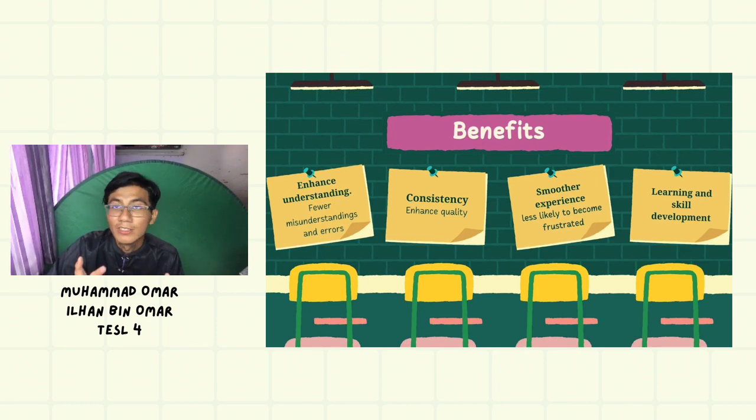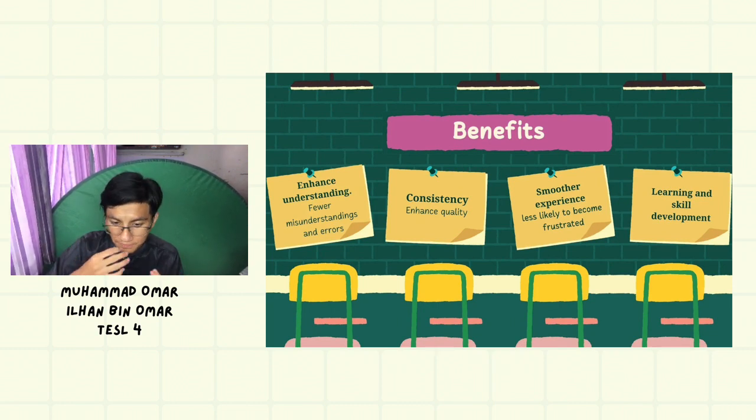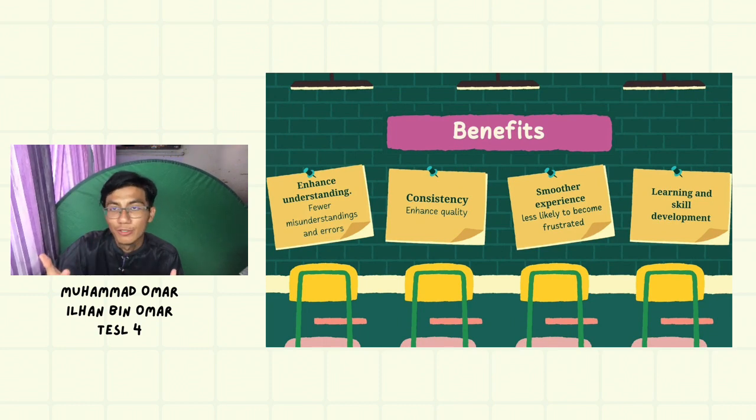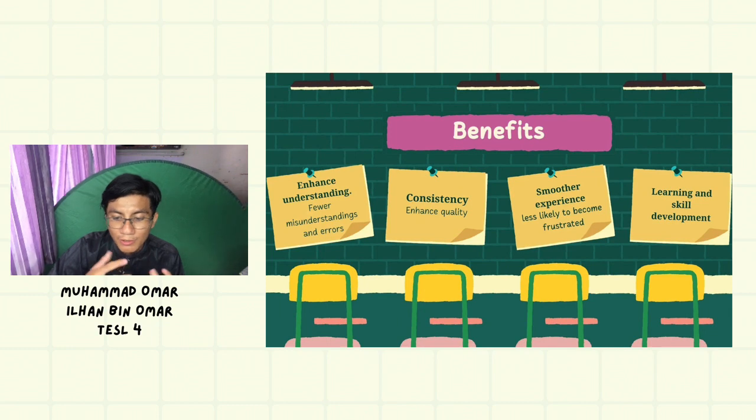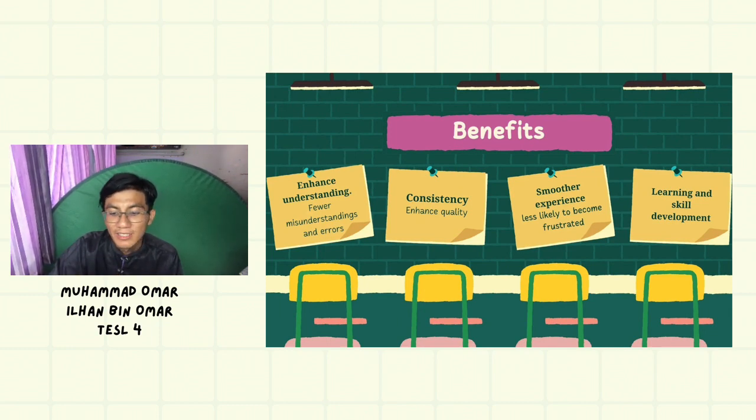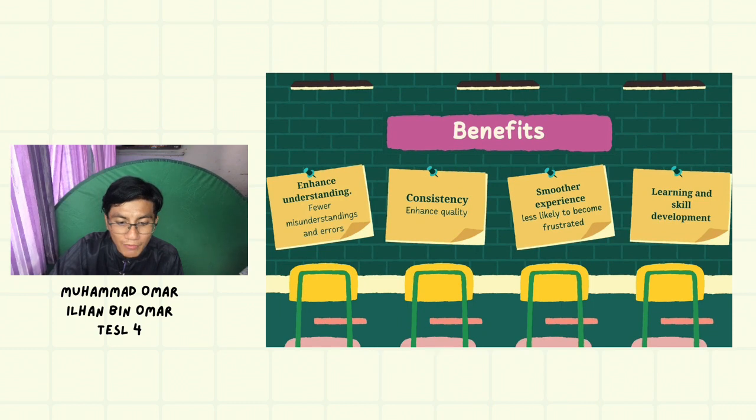When students receive clear instruction, they are less likely to become frustrated or stressed trying to decode the teacher's instruction. Thus, they will not be confused with the instruction, leading to a smoother learning and positive learning experience in the classroom.